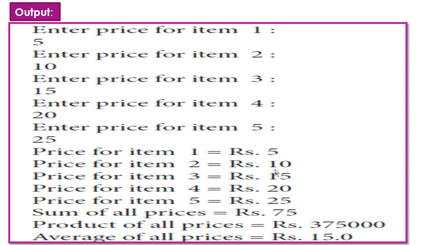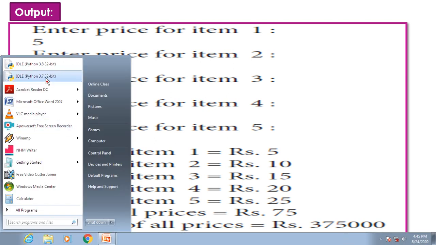These prices are displayed by the second section of this program, and we also find the sum of all the prices by using the sum function, and the product of all the prices, 5 into 10 into 15 into 20 into 25, is printed here, and the average of the price list is displayed here as 15. We are going to check this program by using the IDLE window.